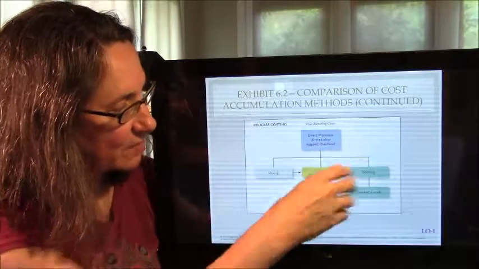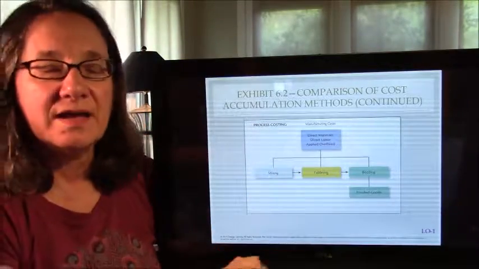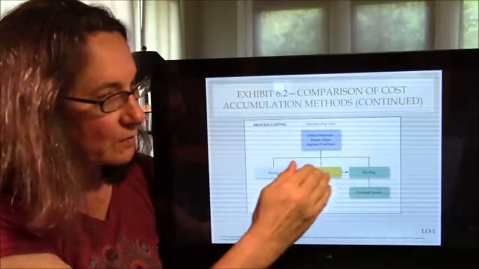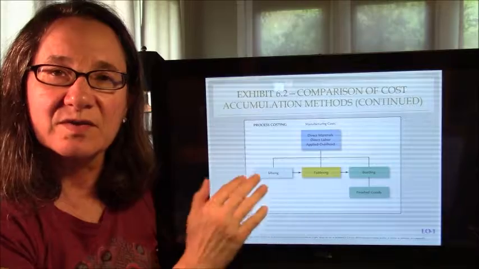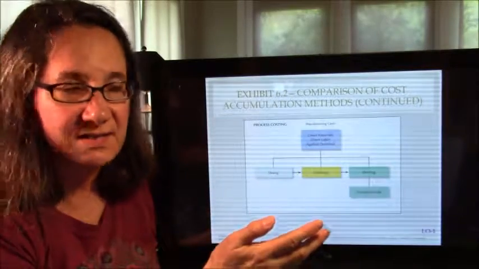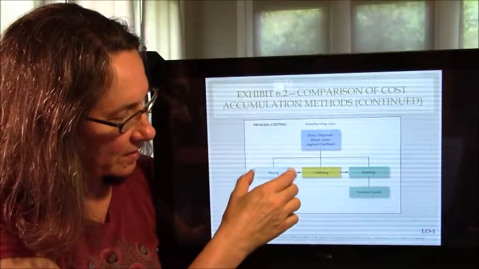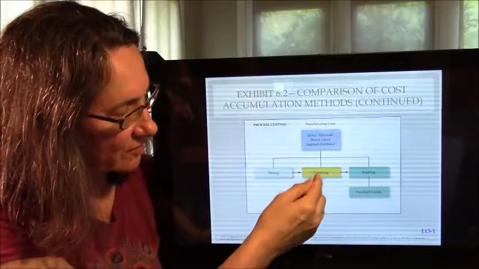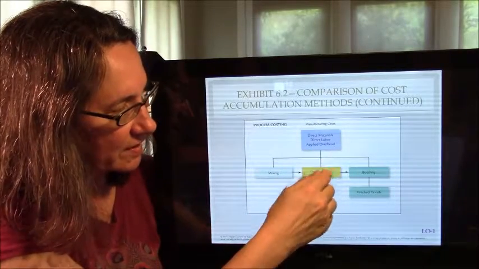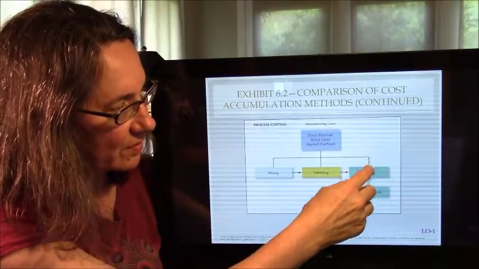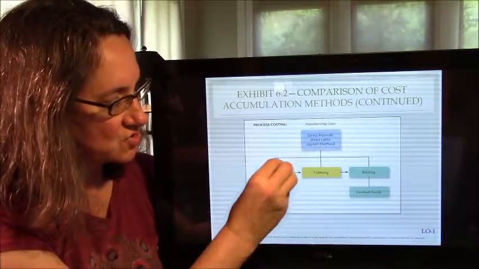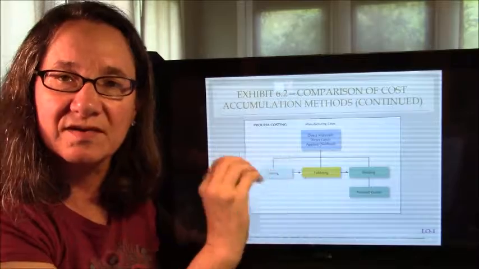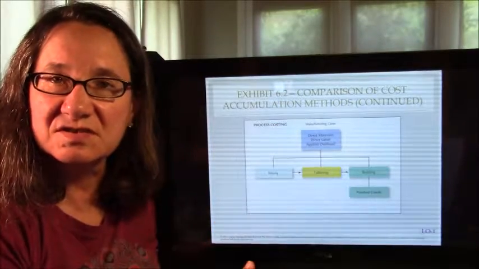So you've got 3 separate processes, and you can imagine at any point along the way you might be partially completed with the process, right? So you'd have a separate work in process here until you transfer it over. Then this would be a separate work in process, transfer it over, separate work in process, then it goes out to finished goods. Remember, in job costing, we just tracked everything with one work in process and sent it on to finished goods and sold it.